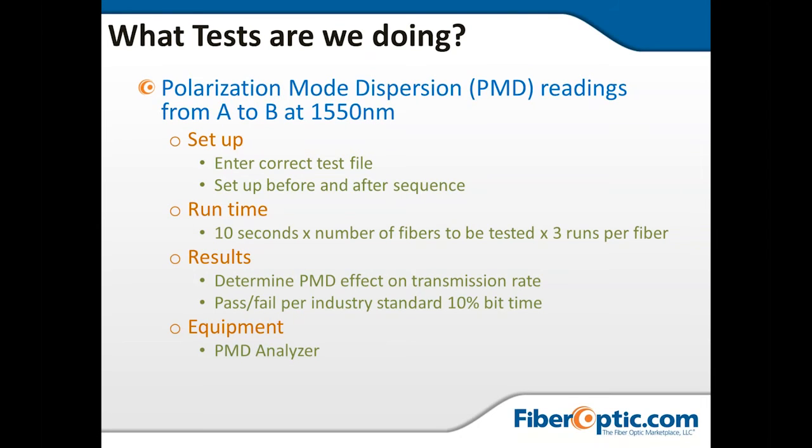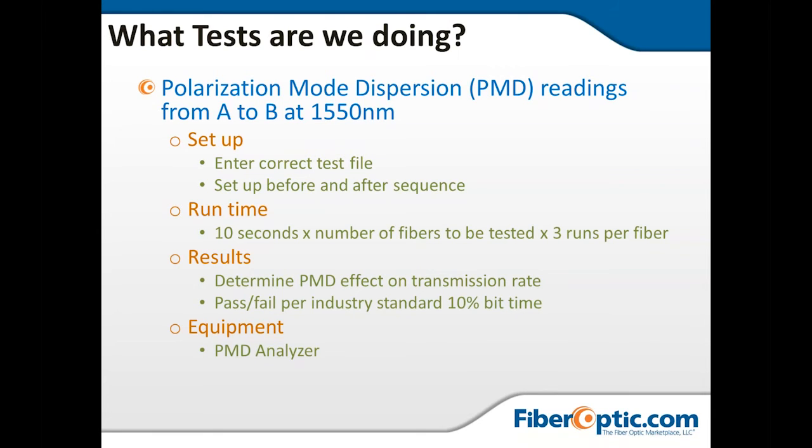Because like I said, any movement is going to give it some subtle differences in PMD. Now the result is we're going to get a complete report on polarization mode dispersion. We'll be able to look at how that's going to affect the transmission rate that we're looking for, and be able to determine pass and fail, for standard 10% bit time.